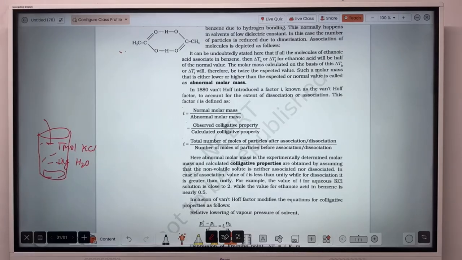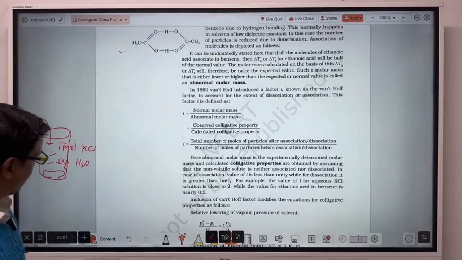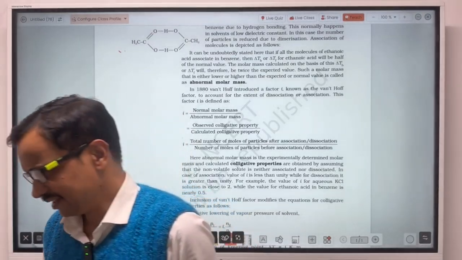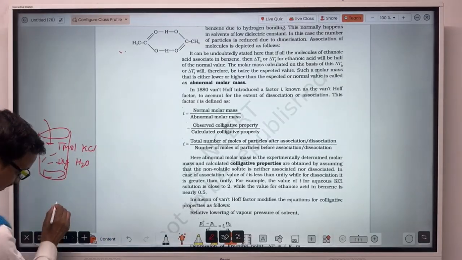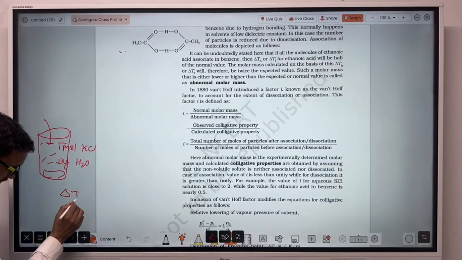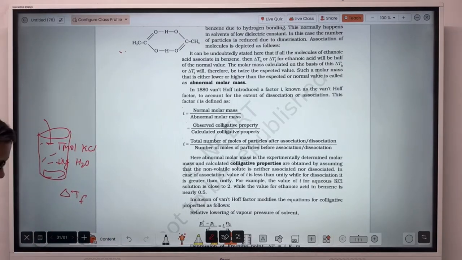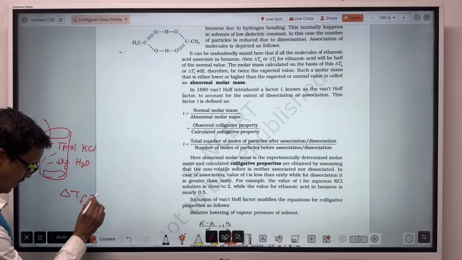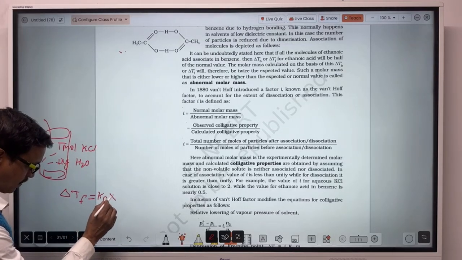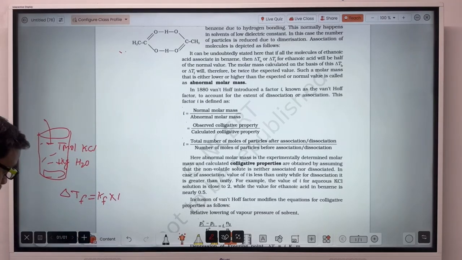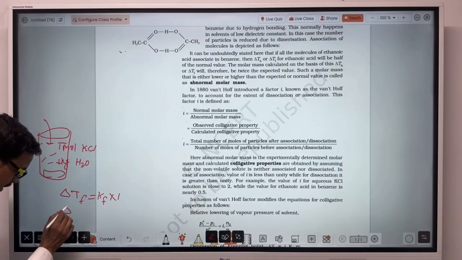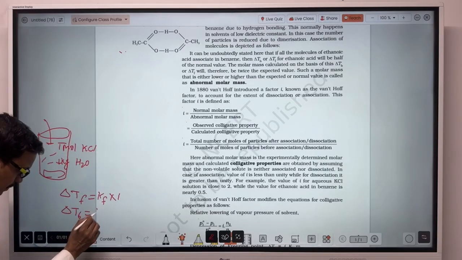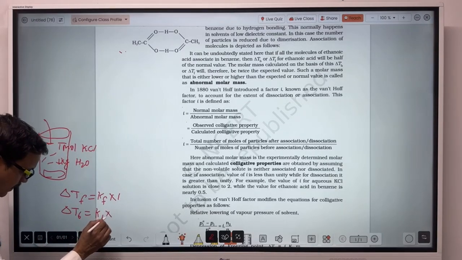According to your earlier concept, what would be delta Tf? The depression in freezing point would be Kf into 1, or delta Tb would be Kb into 1.